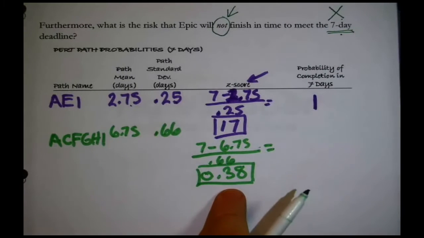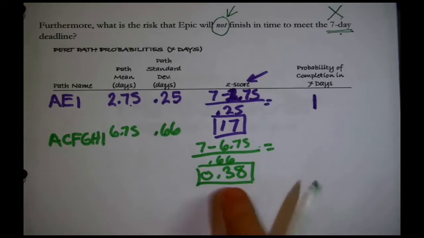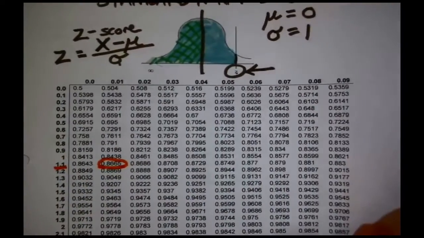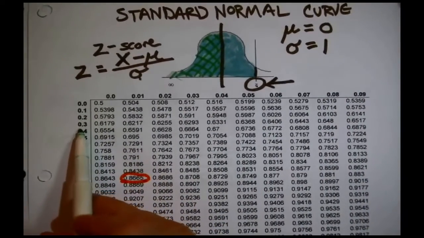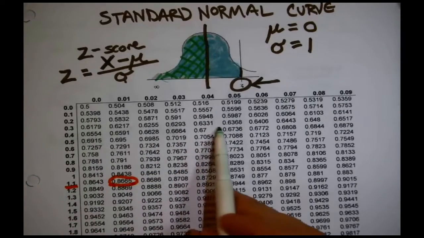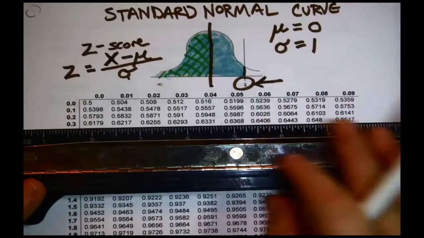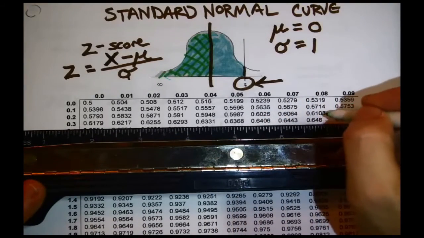I'm going to need to look that up, because what's the probability of being done within 7 days? I look up my z-score. The first 2 digits would be here, 0.3. The third digit, I need to find 8, staying on the correct row. 0.38.